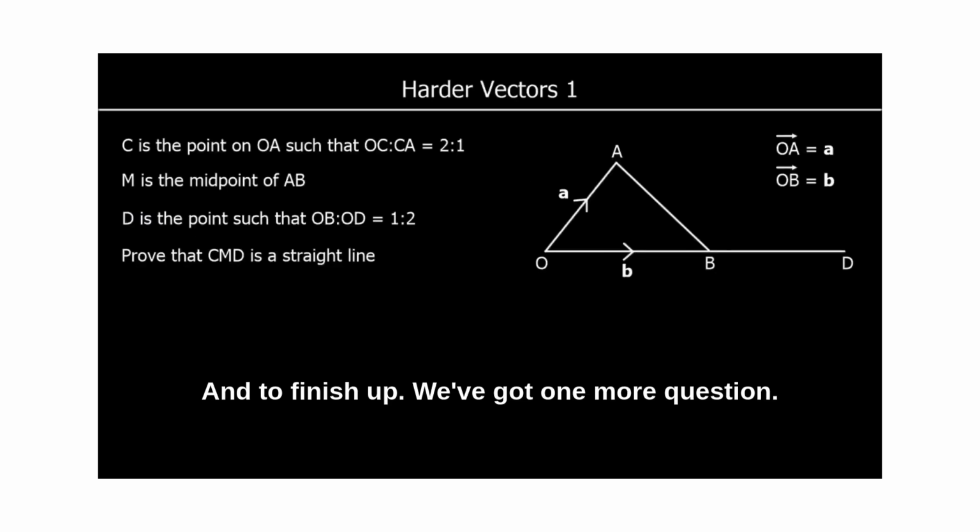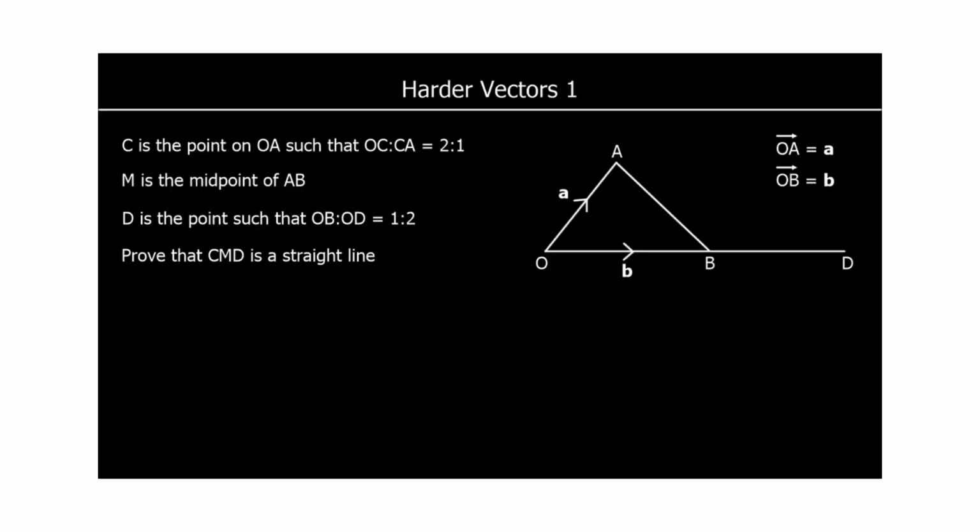And to finish up, we've got one more question. So pause the video, give it a go, and press play when you're ready for the answer. So we've got C on the point O to A, such that O to C is 2 parts, C to A is 1 part.